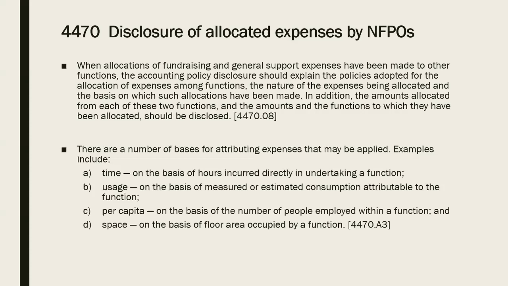So the idea here is if there's a common cost and it has to be allocated, think about electricity costs, and a not-for-profit organization has 3 different programs that it operates, and it wants to allocate the cost of the administration costs to the 3 different program costs, then that allocation could be done based on time, number of people, space occupied, and so on.